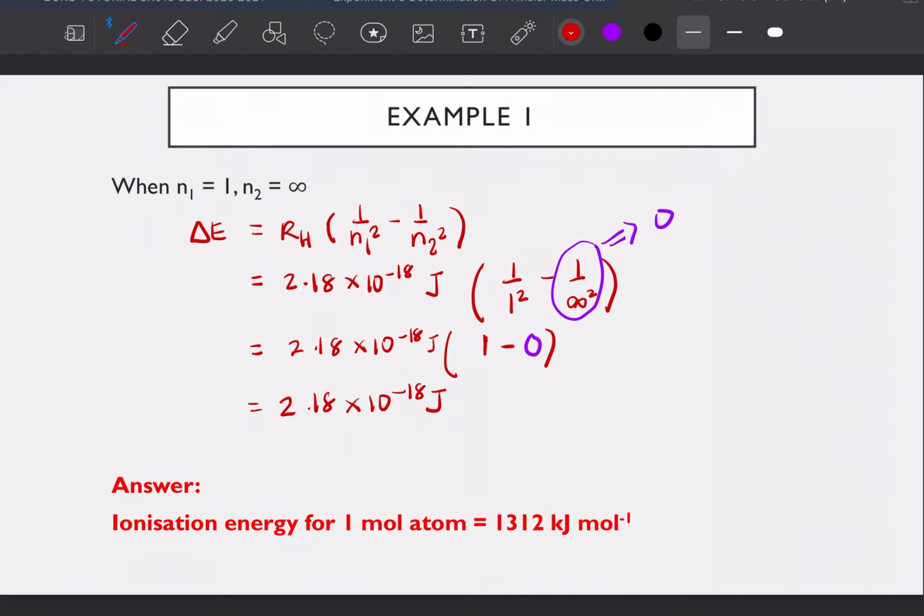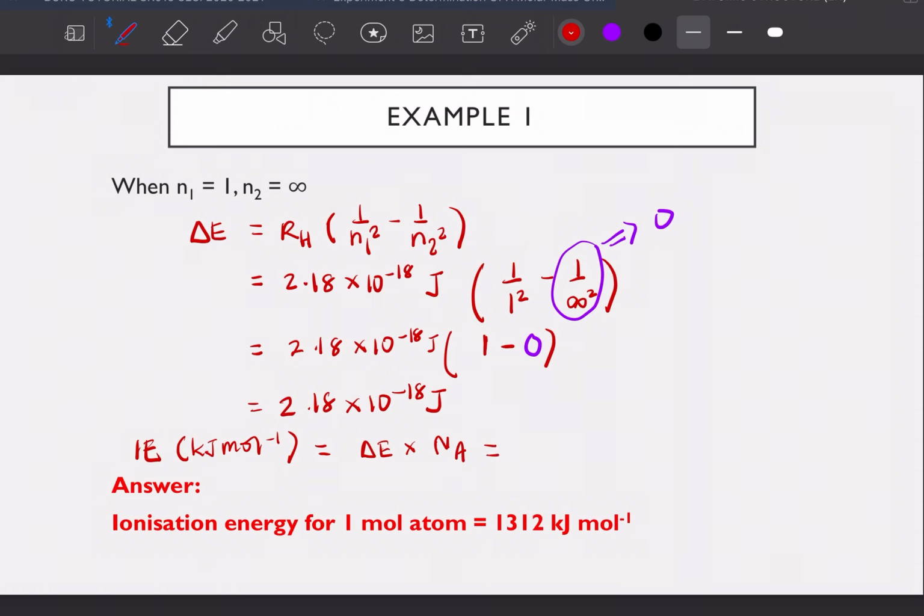But remember, ionization energy, your unit will usually be in kilojoule per mole if mentioned, okay. Kalau tak mention pun, it's better to give in kilojoule per mole unless dia tak cakap, okay. So after finding the delta E, you will take delta E and times with your Avogadro constant, which is 6.02 times 10 to the 23 per mole.